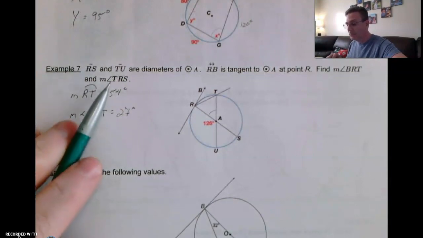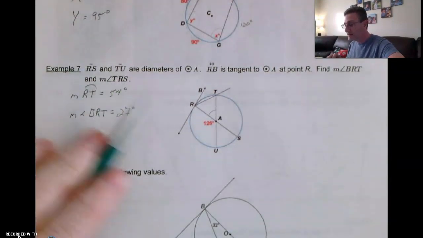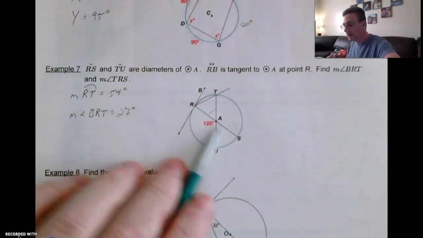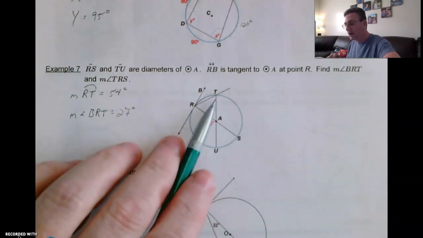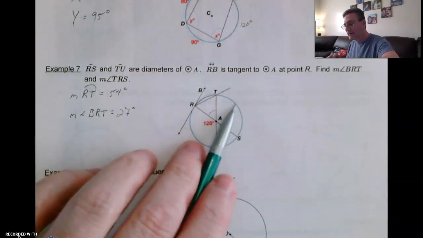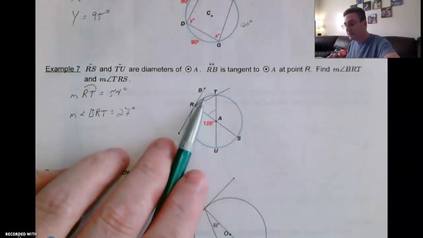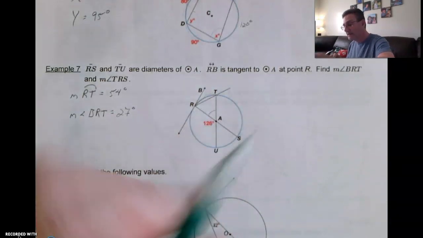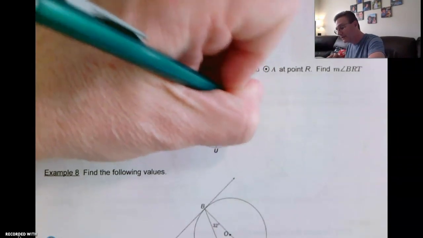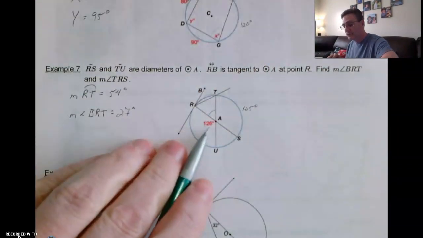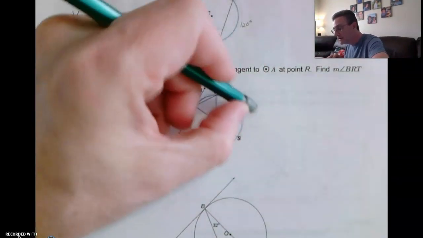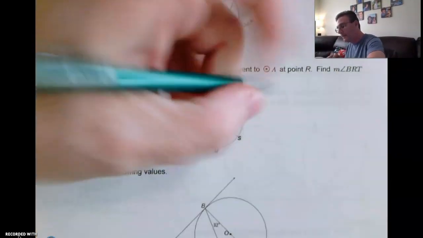All right, angle TRS. Angle TRS is an inscribed angle, and it's half of arc TS. Central angle, 126 degrees. Sorry about that.